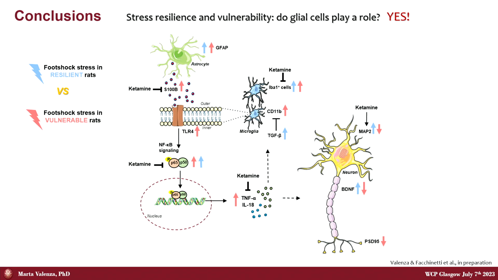So we speculate that this could be due to the higher expression of S100B expressed by astrocytes that could possibly trigger the signaling through the toll-like receptor 4 in microglial cells, activating the NF-κB signaling and promoting the pro-inflammatory environment. Actually, in resilient rats, the activation of the NF-κB signaling could be responsible for the higher expression of BDNF and the transforming growth factor beta, which are under its control.